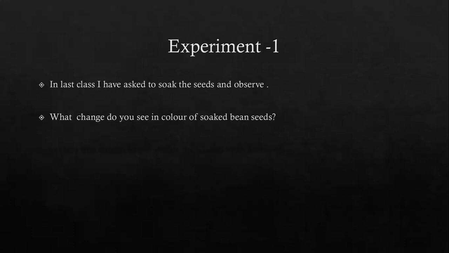It has become a little pale, not the bright color. Is there any change in the size of the soaked bean seeds? Yes, the seeds have become a bit bigger than the original seeds.